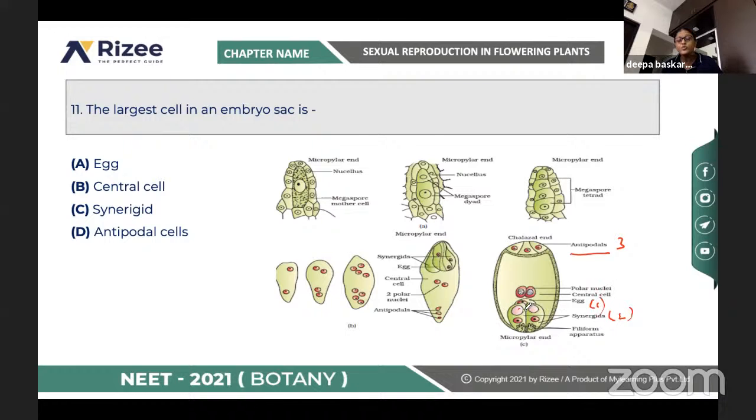They are also small when compared to the central cell, which has 2 polar nuclei. One cell having 2 nuclei. So it is clear that the central cell is the biggest cell in the embryo sac.